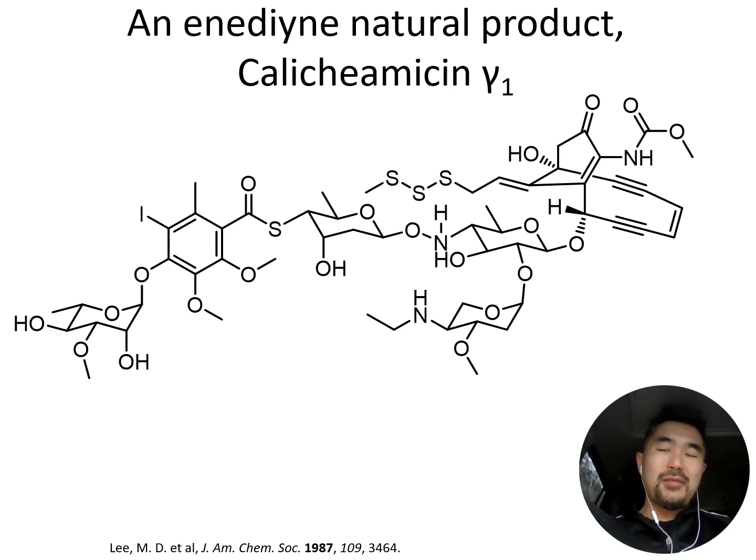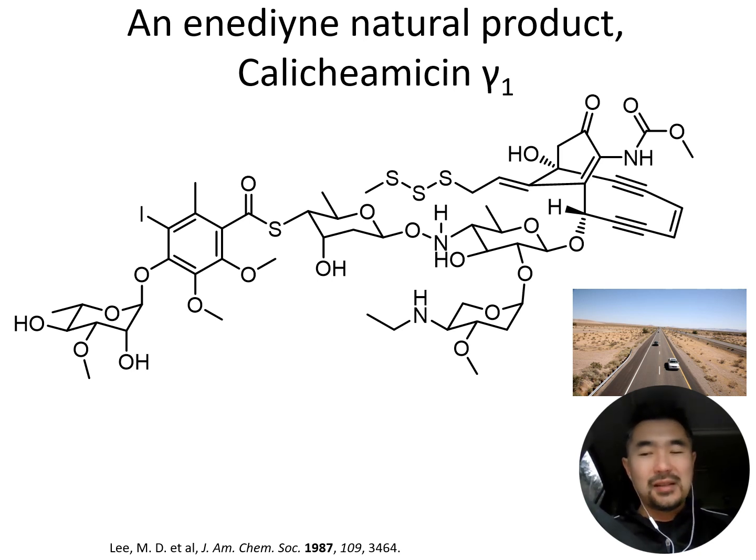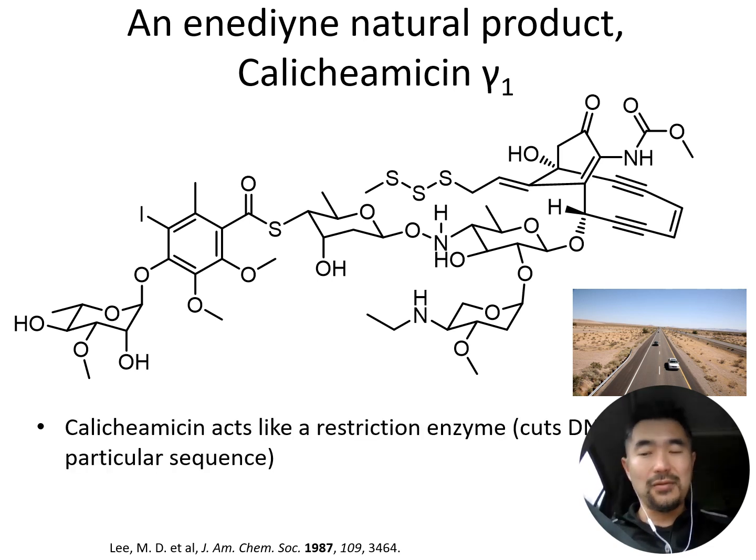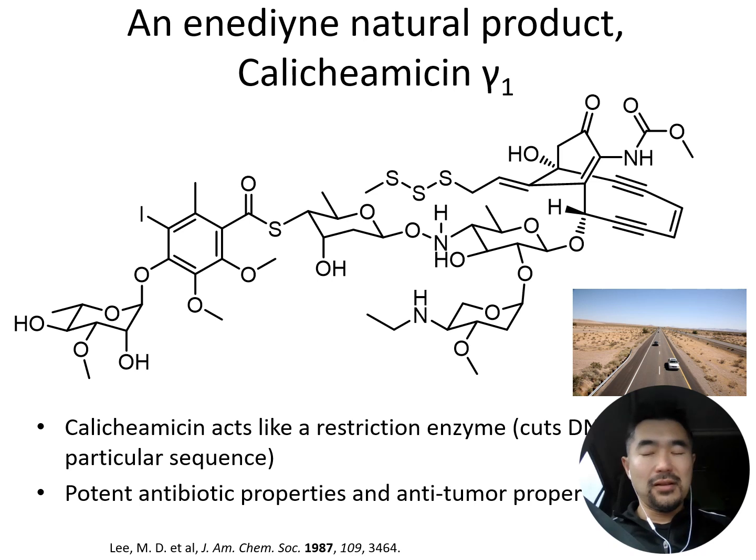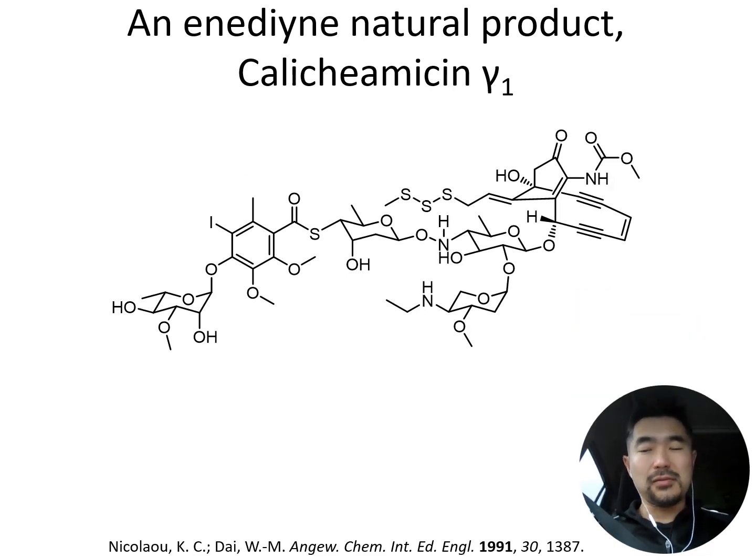Now, if I remember right, this compound was isolated from a soil bacteria found on the side of a Texas highway, but it works just like a restriction enzyme in that it cuts the DNA at a particular sequence, damaging the DNA of rival bacteria. First it was recognized as a potent antibiotic, but later on we found out that this could potentially be used for treating tumors.